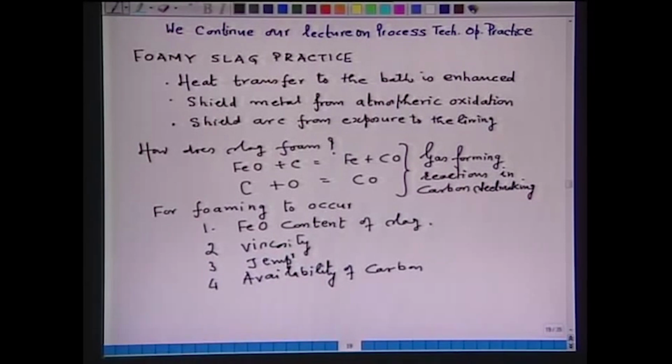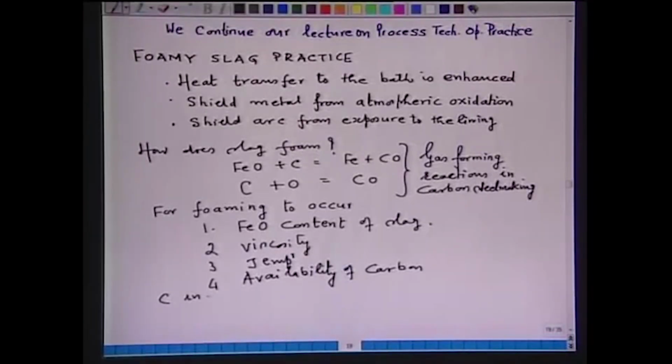Then you have to inject carbon if you want a foaming slag practice. Also you have to inject oxygen. If there is a proportion of sponge iron or a hot metal, then carbon content of the bath is available, and accordingly the carbon monoxide reaction will be there. So, what I wanted to say is that the availability of carbon has to be ensured.